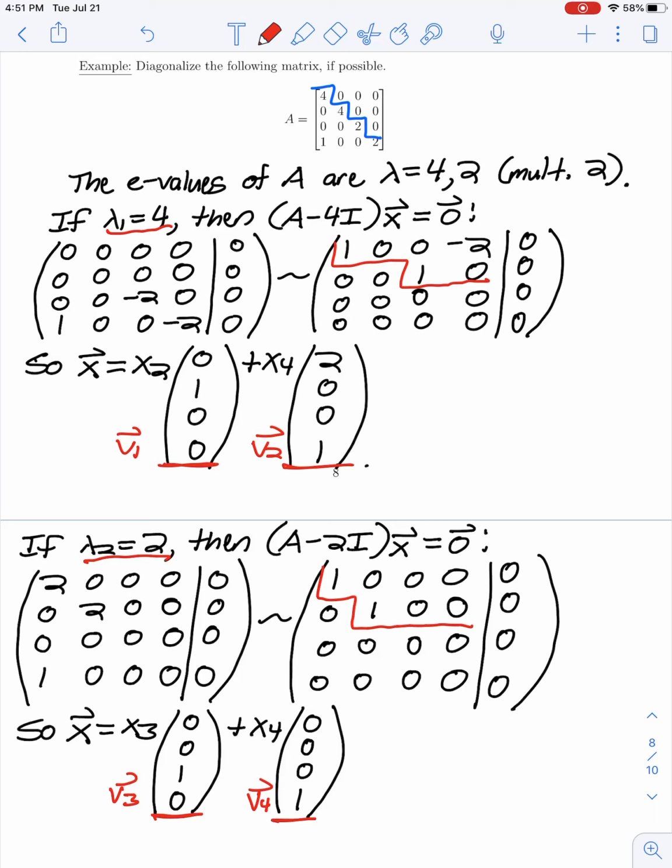So that means then the matrix A has 4 linearly independent eigenvectors, and so it's diagonalizable.